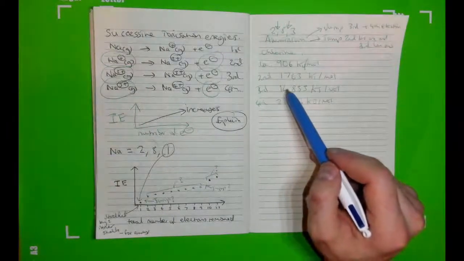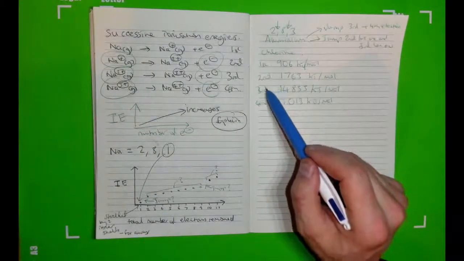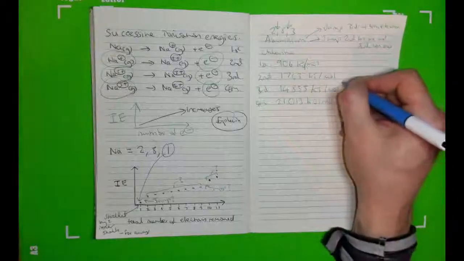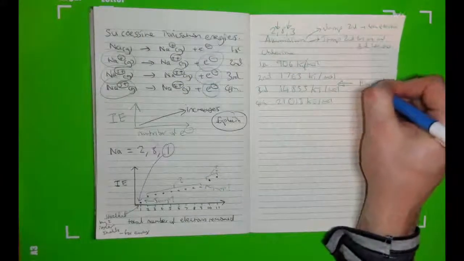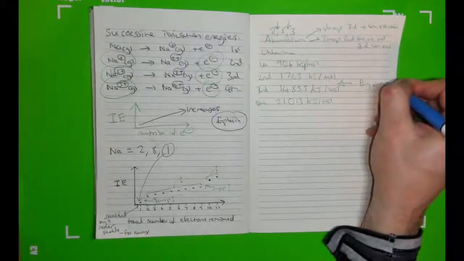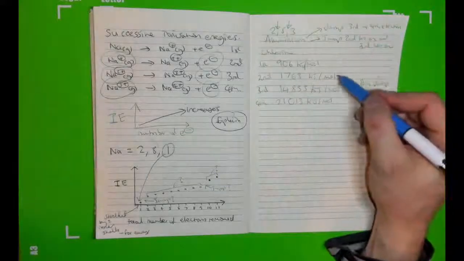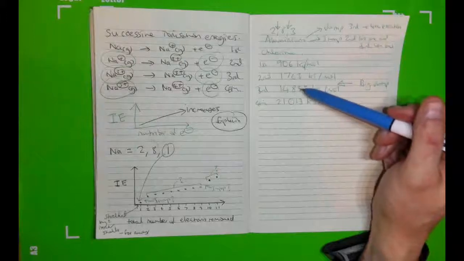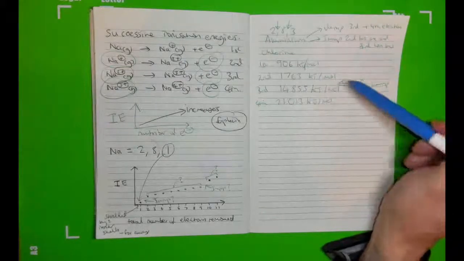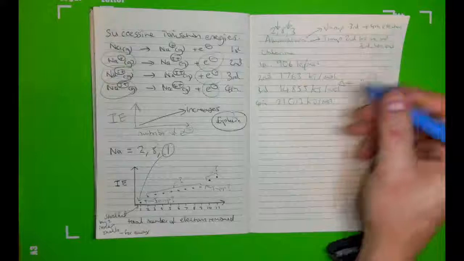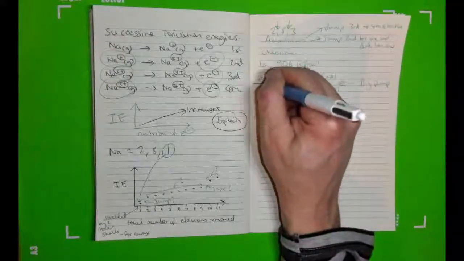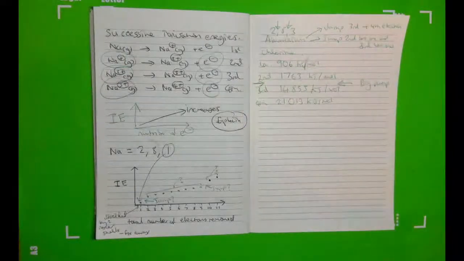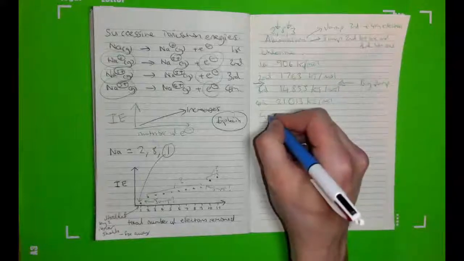So we can see here's a big jump between the second and third ionization energy. Because there's a big jump in the second and third ionization energy, it means that this must be a group 2 element. If there's a jump there between the second and third ionization energy, it must be in group 2.